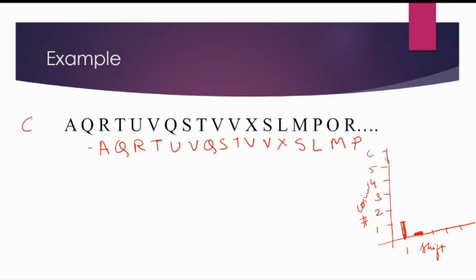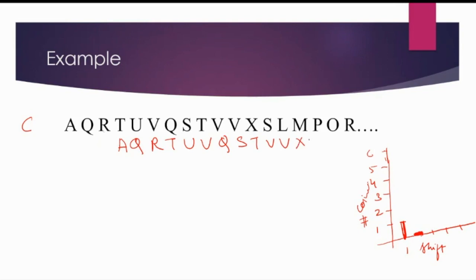Fine. Let me shift it by 3: A Q R T U V Q S T V V X S L M. How many? Zero. Are you sure? Yes, zero.